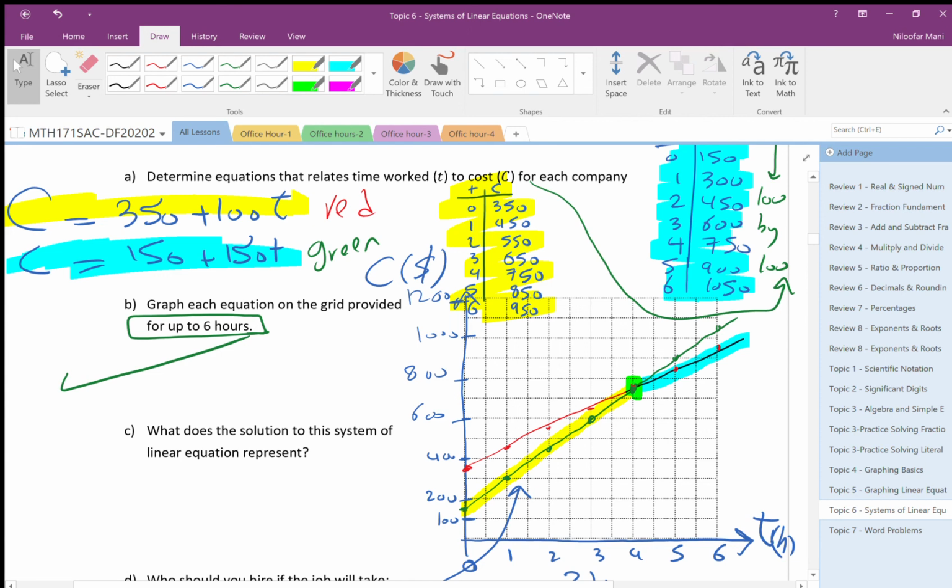Okay, so maybe here I change the color to be the same as the color there.